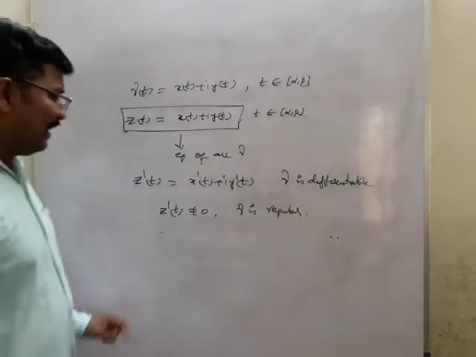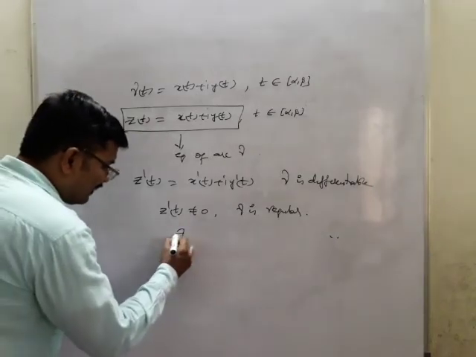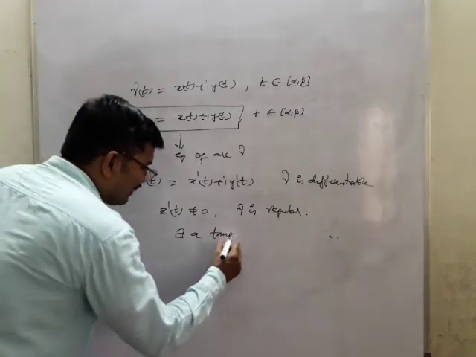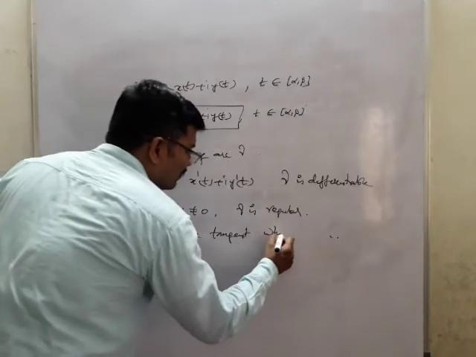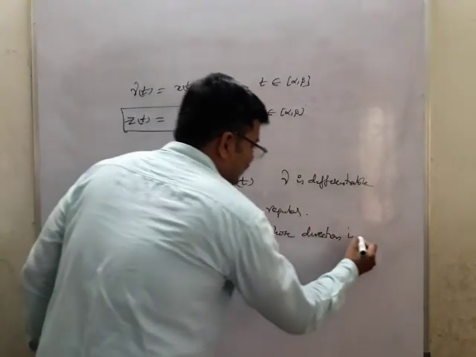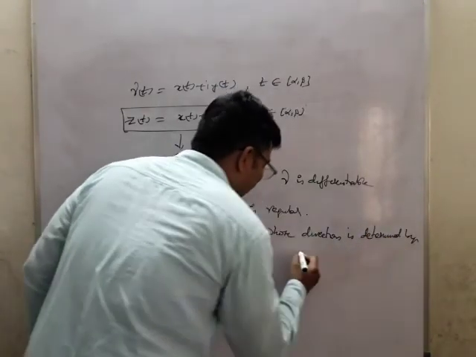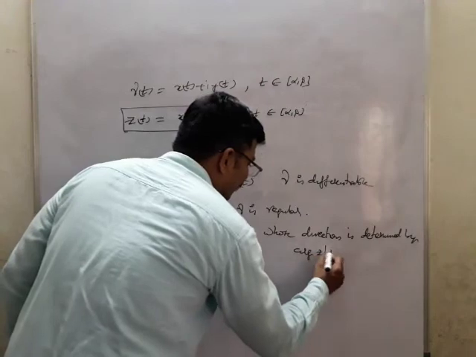Whenever gamma is regular and z dash of t is not equal to 0, there exists a tangent whose direction is determined by the argument of z dash of t.